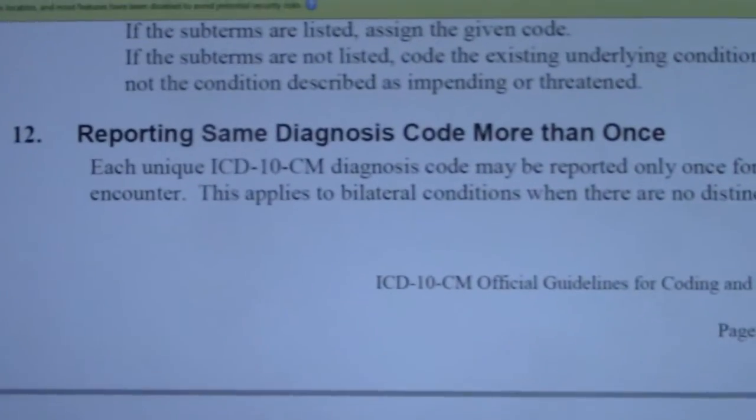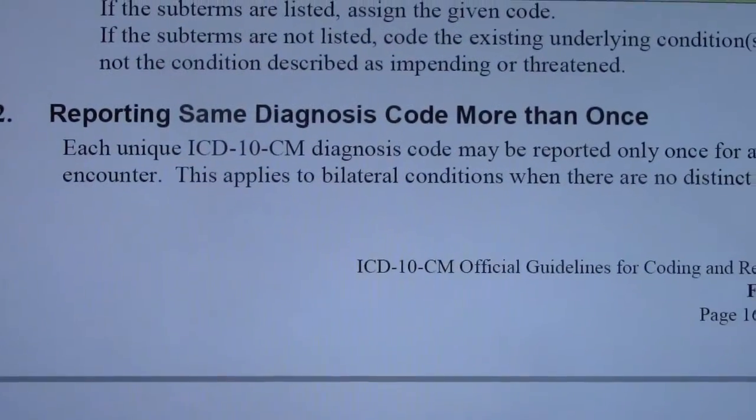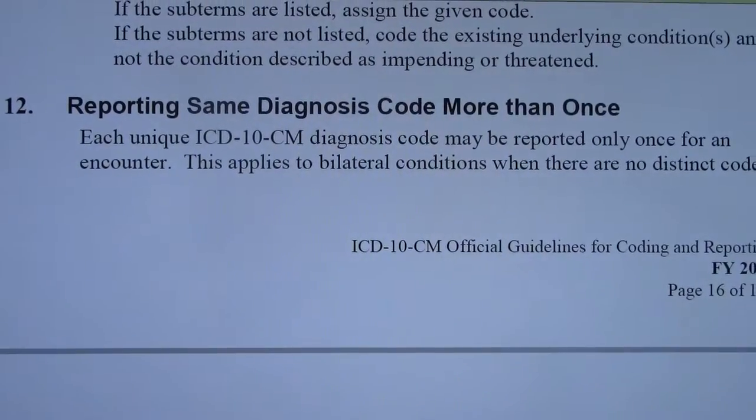We are continuing our series on the 2019 ICD-10-CM coding guidelines, and we are down to 1B, 12, and 13. So let's look at 12 real quick. 12 says, reporting same diagnosis code more than once.